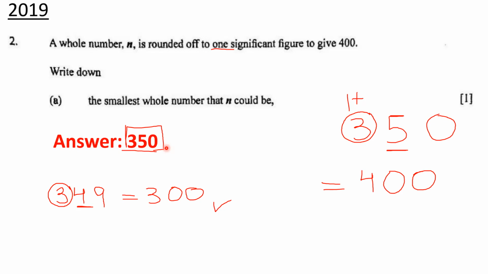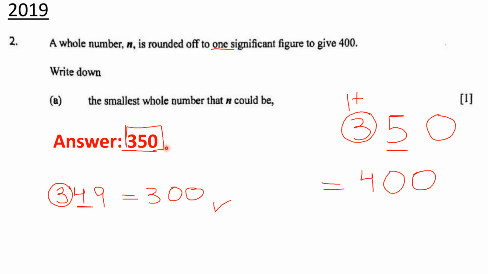Let me say it again. We are claiming that 350 is the smallest whole number such that when we round it off to one significant figure, we get 400. If we were to go one step lower and find another whole number that when we round it off to one significant figure, we do get 400, that means that 350 would not be the lowest, because there's another one that is smaller than 350 that rounds to 400.